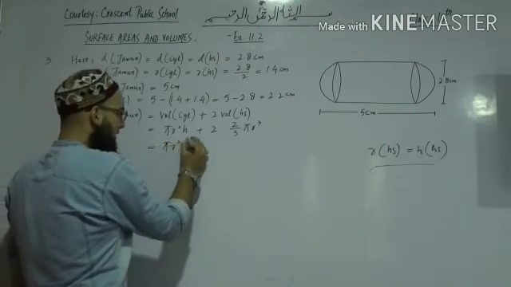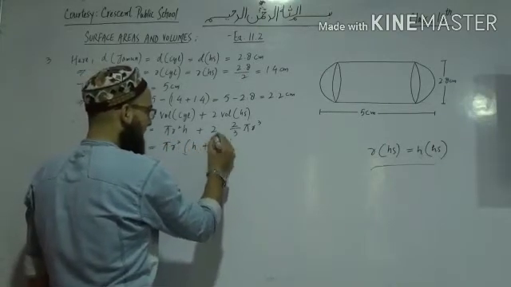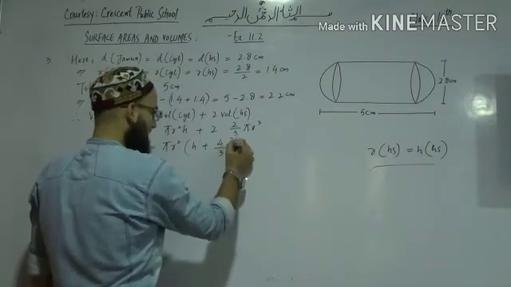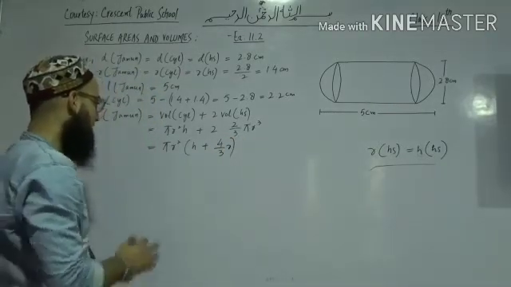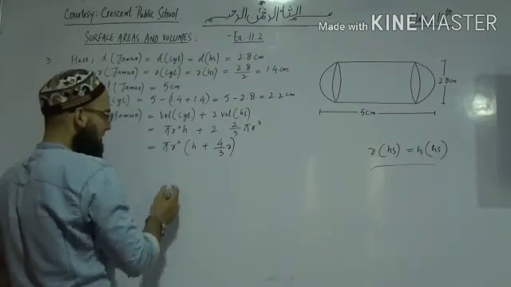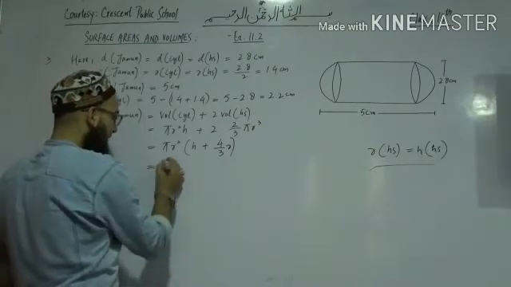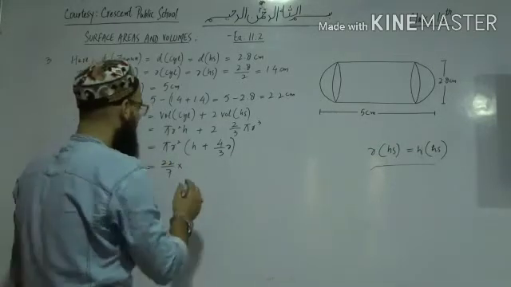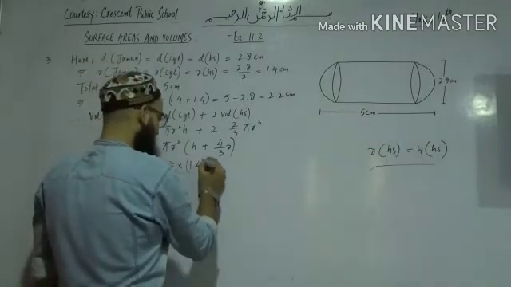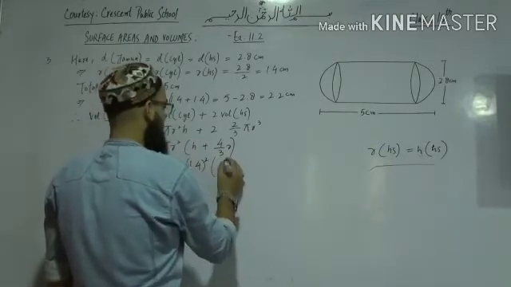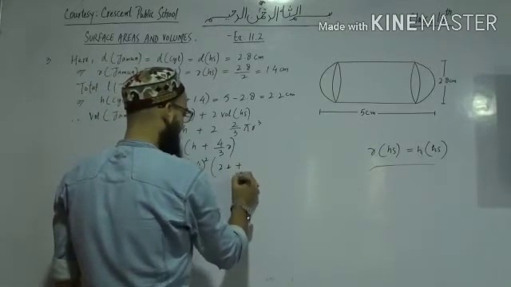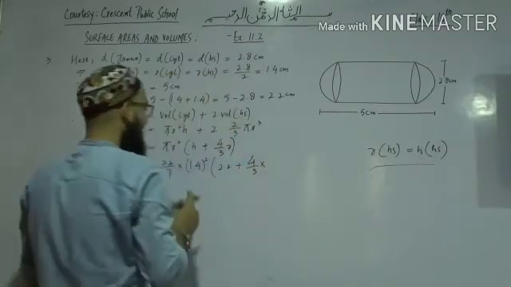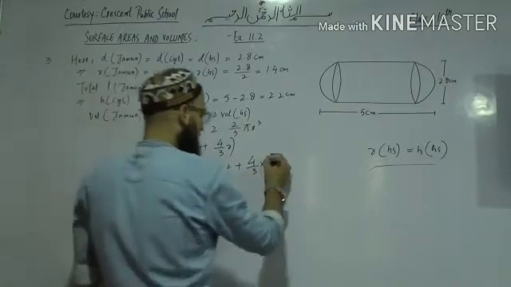So pi r squared times h plus 4 by 3 r. Then you can put the values in: 22 by 7 times 1.4 squared times h, which is 2.2, plus 4 by 3 times radius 1.4.